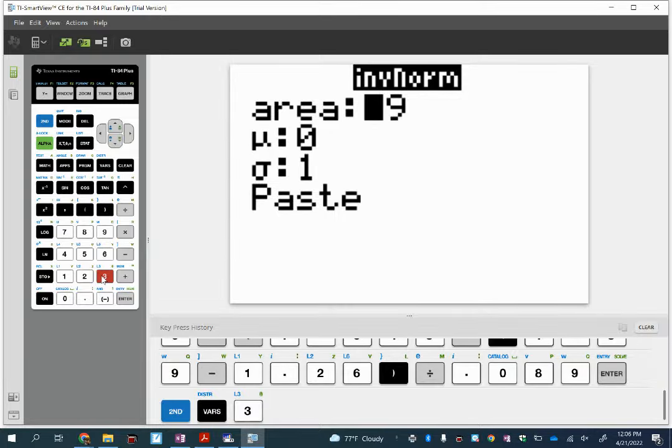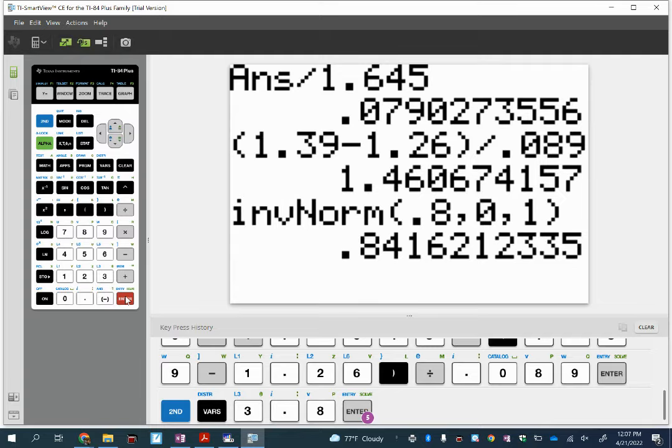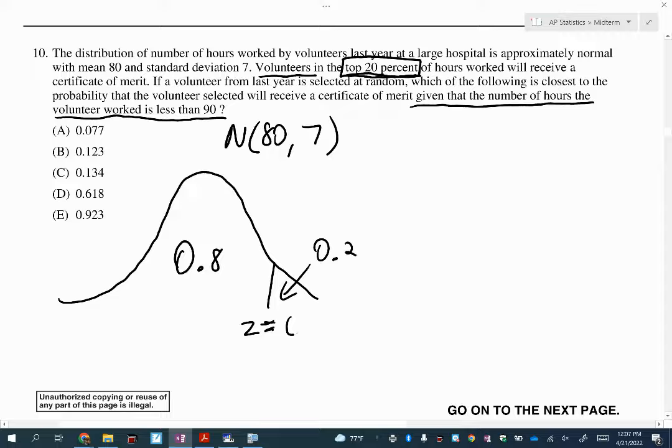We're saying this is the 80th, so 0.8. And then hit enter a bunch until you get to your z-score. All right, so I'm going to write down 0.842. Okay, everybody good so far with that?